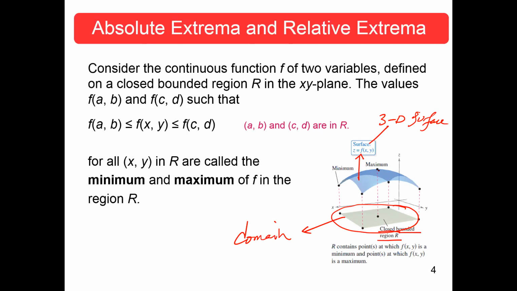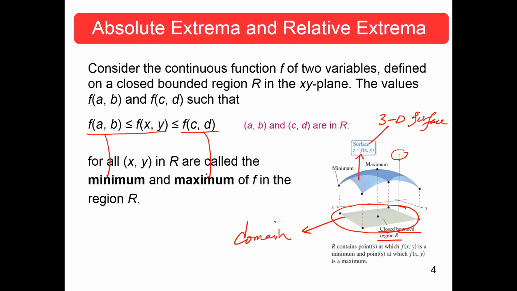So it's easy to just look for the maximum and the minimum, right? The maximum is the highest point when you're looking at a z value. The highest will be the maximum and the lowest will be the minimum. So the definition is the values f of a, b and f of c, d, such that f of a, b is smaller than any other function value. Therefore, this will be the min. And f of c, d is higher than any other values.